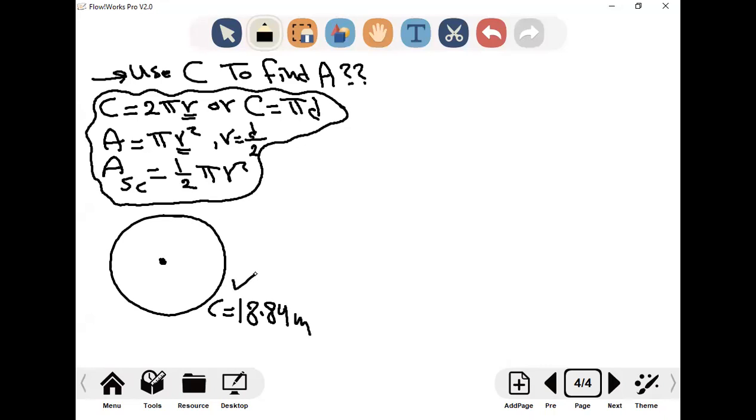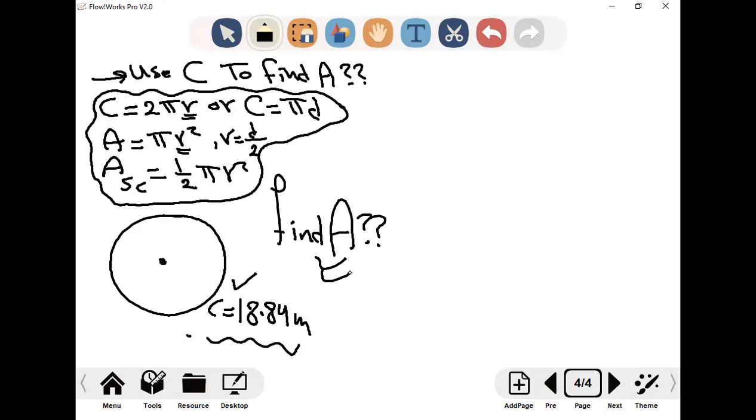So the circumference is given, not the radius like the previous examples or the diameter. They gave us the circumference, and they wanted from us to find the area. But can I substitute the circumference in the area? No.